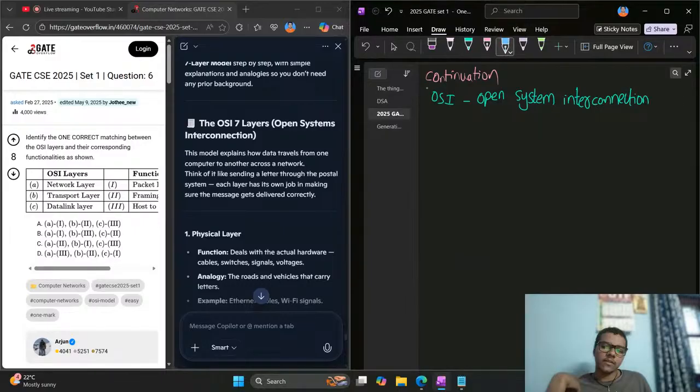So what do we got? We got a physical layer. Physical layer: hardware, cables, switches. Data link layer: error detection and correction.